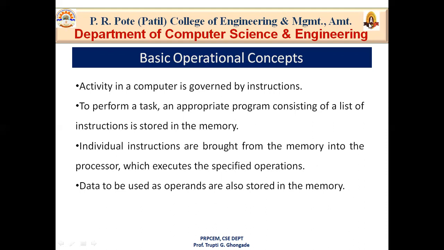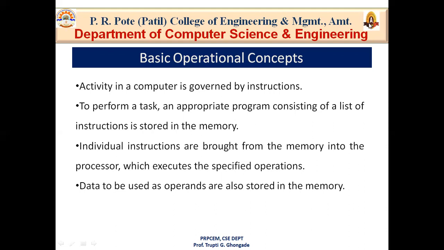Input unit always accepts data and instructions from the user. Accepts data means, for example, this 3 and 5 is your data given by you to the computer. And the instruction 3 plus 5 is performing an add operation. That means add 3 comma 5 is an instruction given by the user to the computer system. So what is the input unit? It accepts data and instructions from the user.